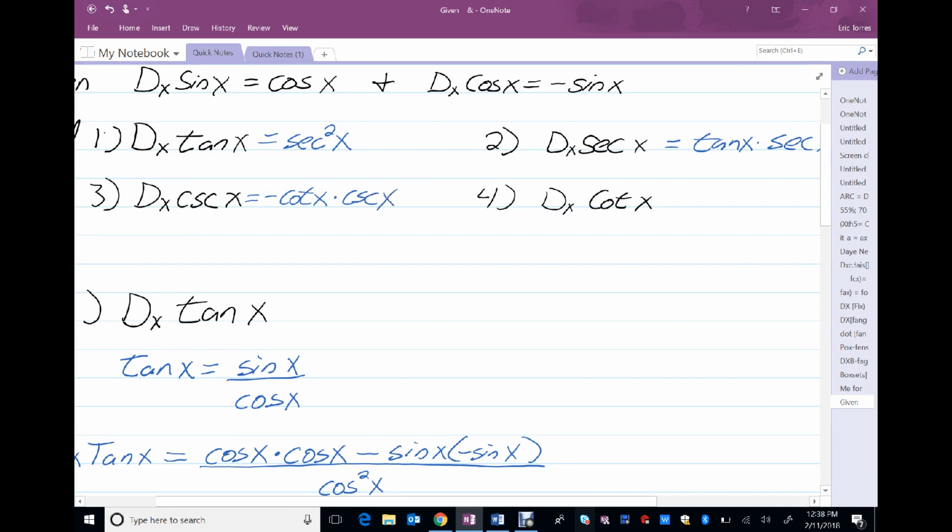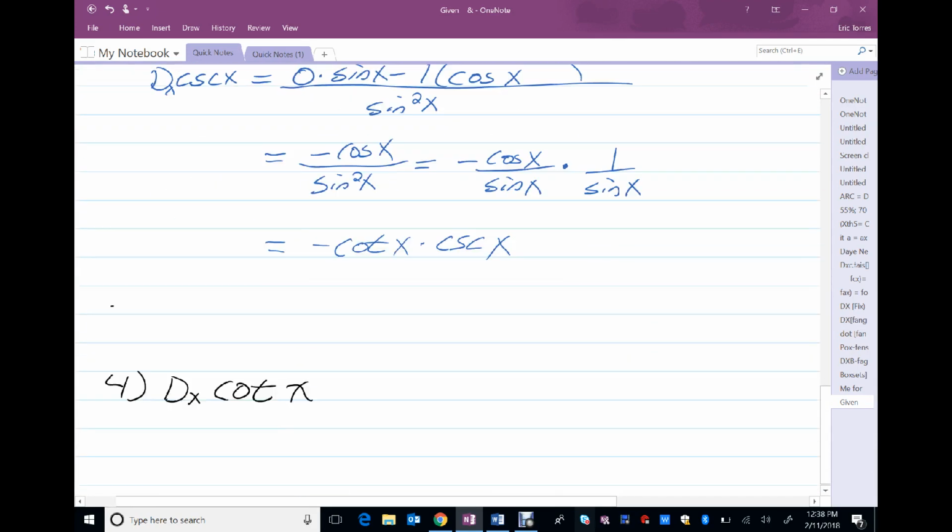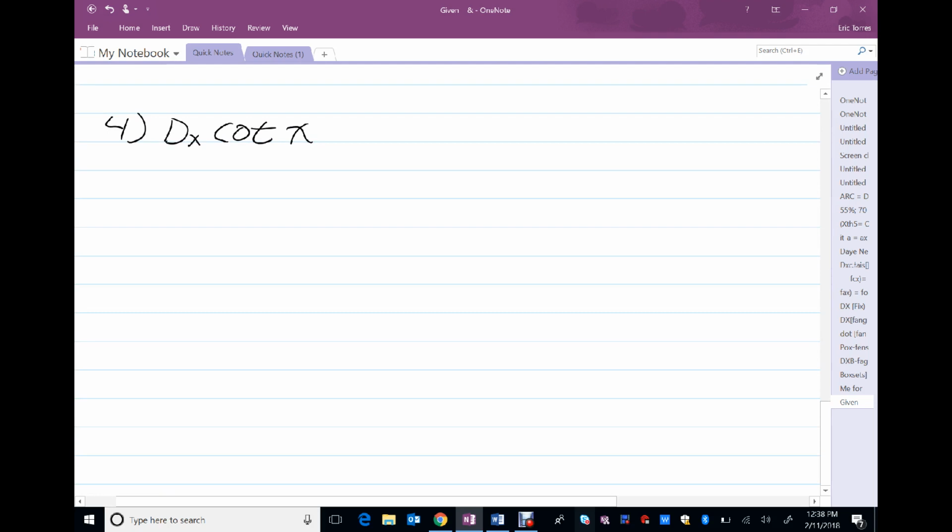And last but not least, the derivative of the cotangent of x. I'll work that out with the cotangent of x equaling cosine of x over the sine of x.